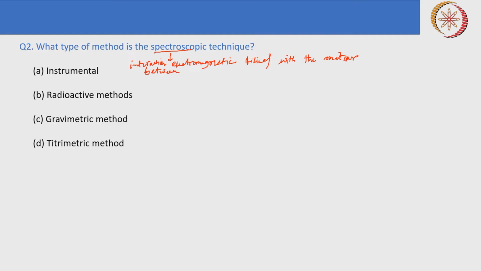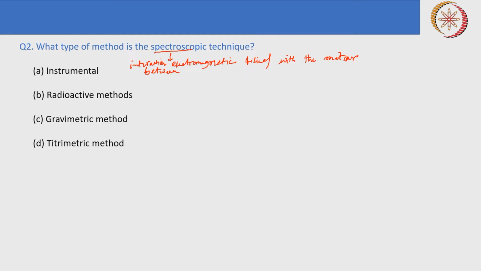In spectroscopic technique, there is an energy source of a particular wavelength, and with that energy source an electromagnetic field forms and interacts with your matter. That is the spectroscopic technique.